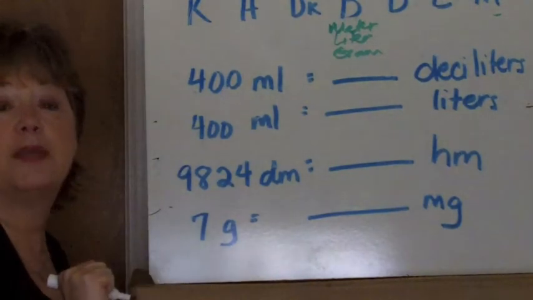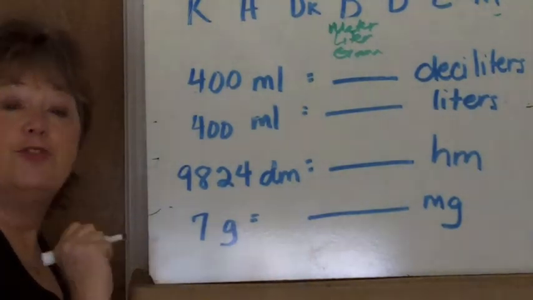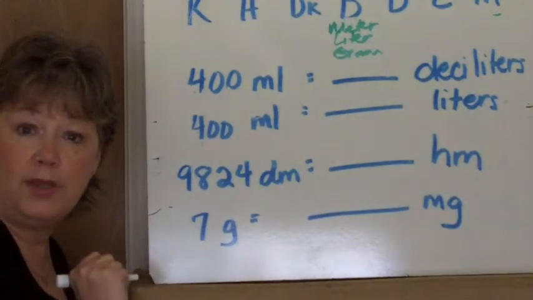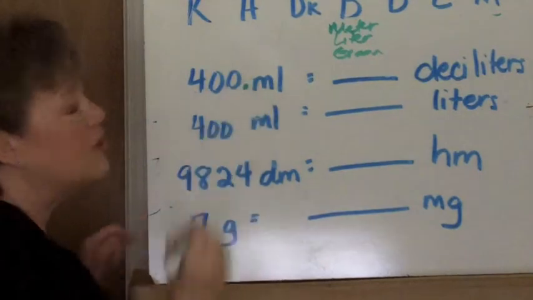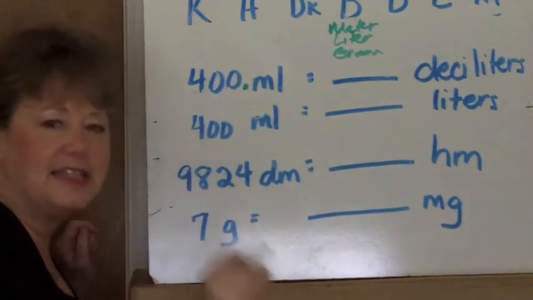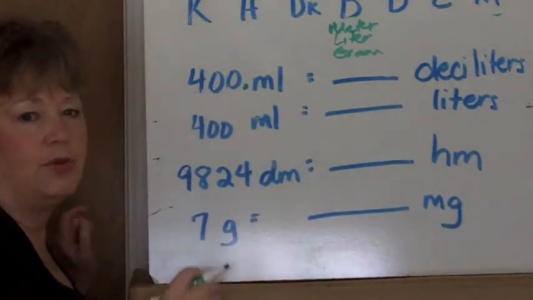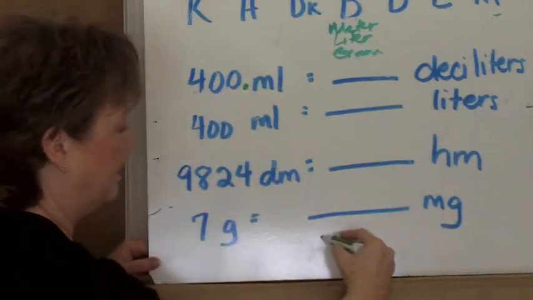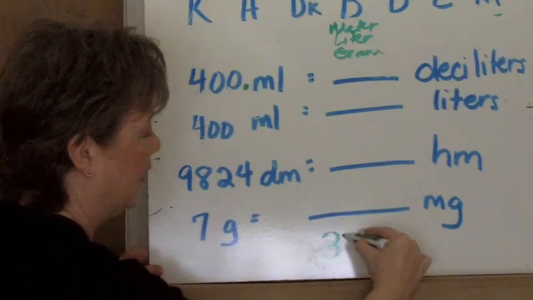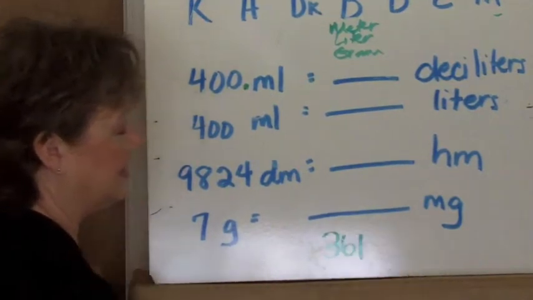So I'm going to tell you something right now. If your number doesn't have a decimal point, it goes at the end of the number, just like a period goes at the end of a sentence. So you wonder, do I put the decimal point, if this were my number, I'll put it down here, 361.